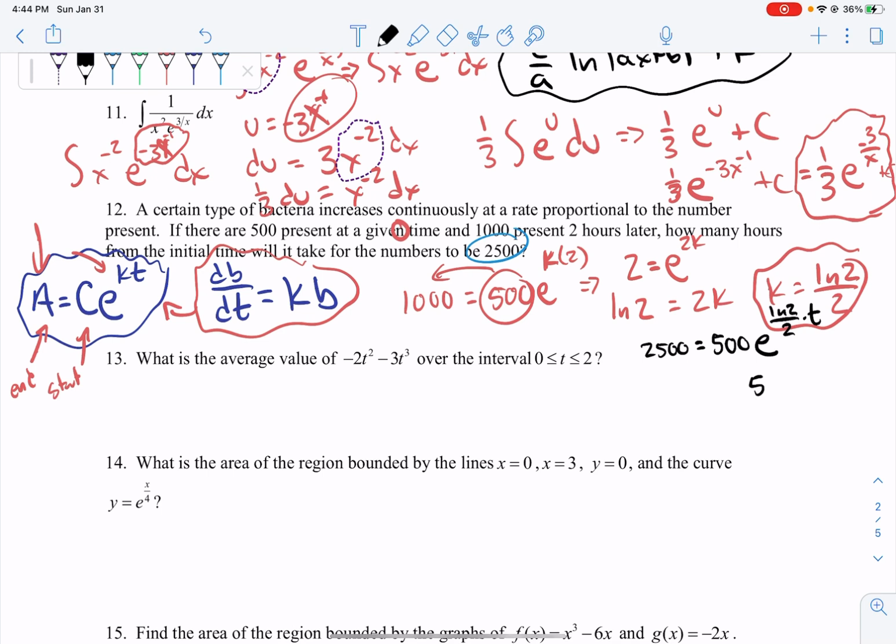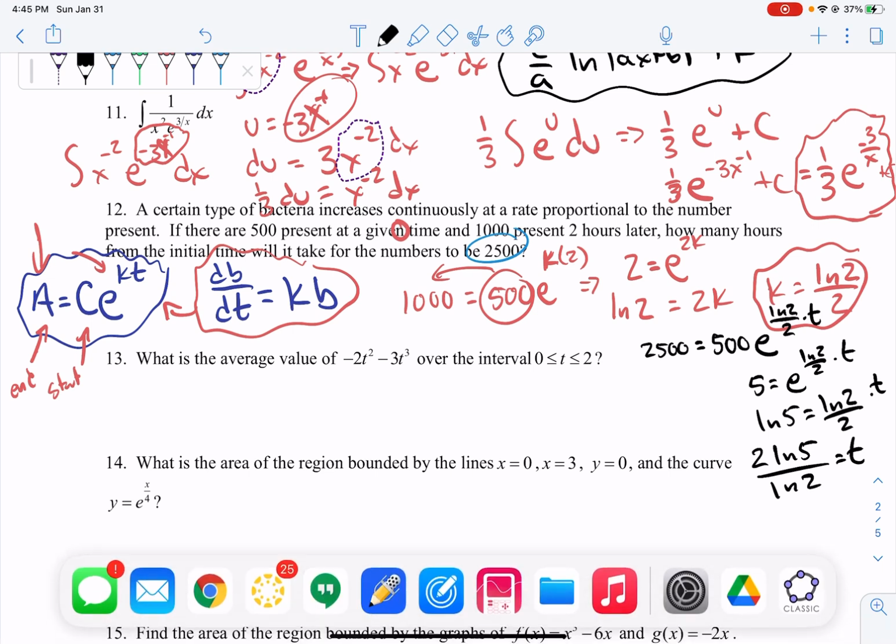I'm going to end up with 5 equals e to the natural log of 2 over 2 times T. I'm going to natural log both sides, so natural log of 5 equals the natural log of 2 over 2 times T. To get T alone, I've got to multiply by 2 and divide by natural log of 2. So I'm going to get 2 natural log of 5 divided by the natural log of 2, and that's going to equal T.